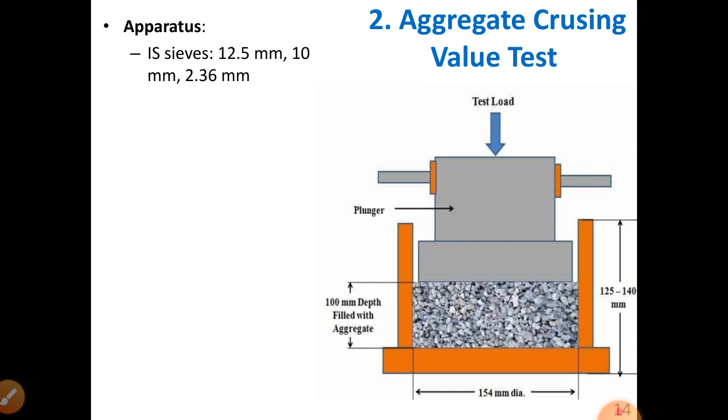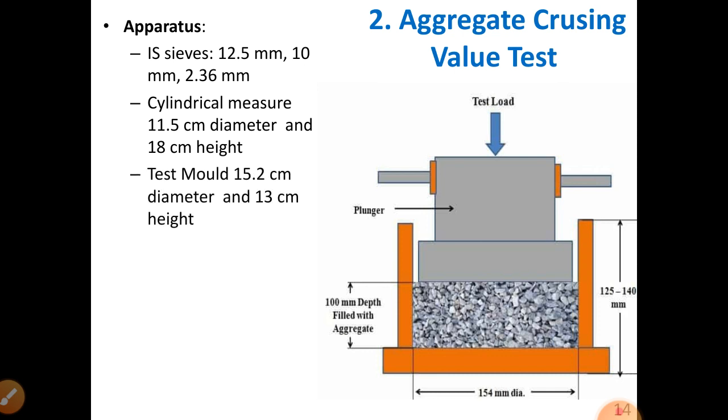Apparatus: Indian standard sieves 12.5 mm, 10 mm and 2.36 mm. Cylindrical measure 11.5 cm diameter and 18 cm height.